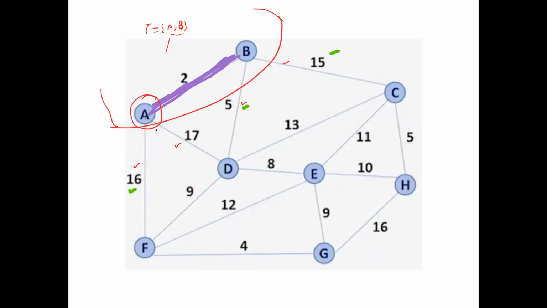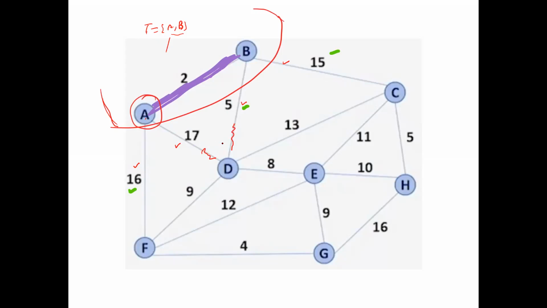If you consider the vertex F, looking at the red partition, only the direct edge from A to F counts, and that edge cost is 16. We'll consider this edge. Now coming to the vertex D, which is outside the partition containing the set T, it has two edges coming out from this partition, A to D and B to D. Which edge do you consider?